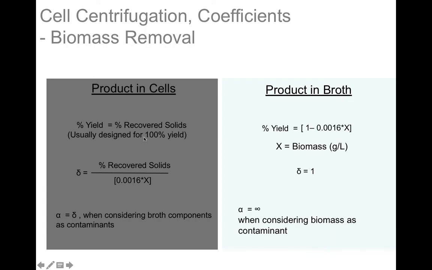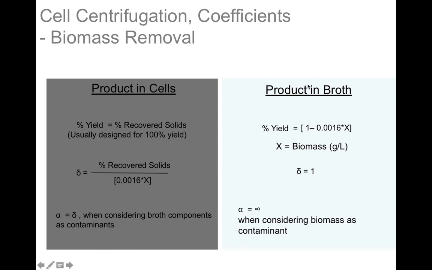You do get water with the solids, and so that's where you have a delta, where you have the percent recovered solids over the amount of water that comes with them. This X would be the biomass concentration. And alpha equals delta when considering the broth components as contaminants, right? So the cells will be the product, the broth will be the contaminants or byproducts in this case, and so alpha would equal delta.